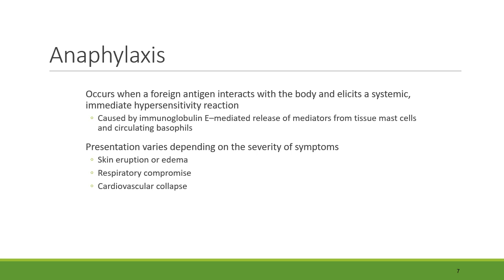After an introduction of an antigen into the body, either by internal or external route, either they eat it or they get a bee sting or something like that, a bunch of things happen.